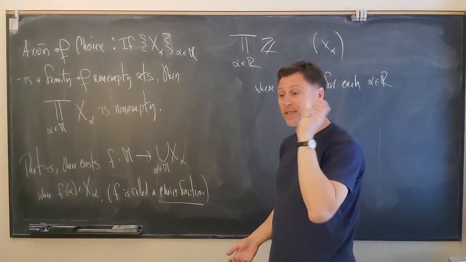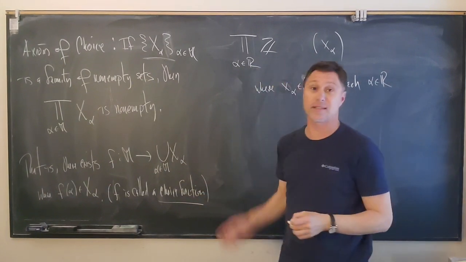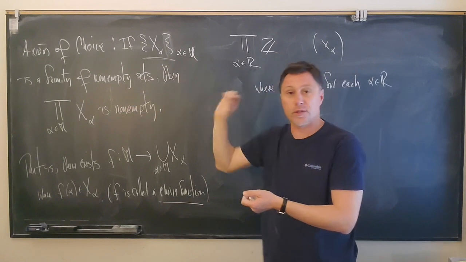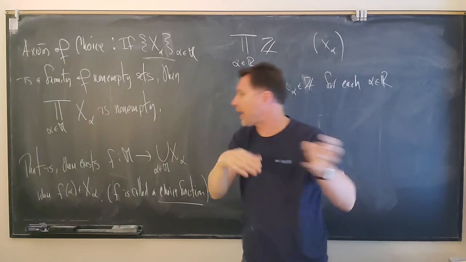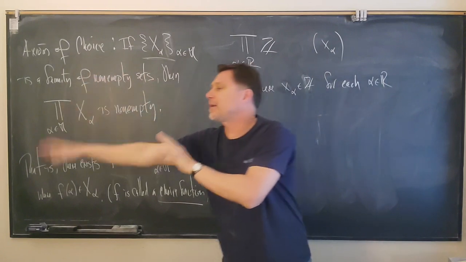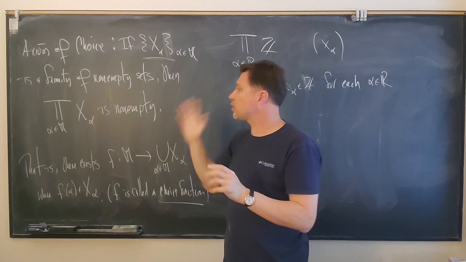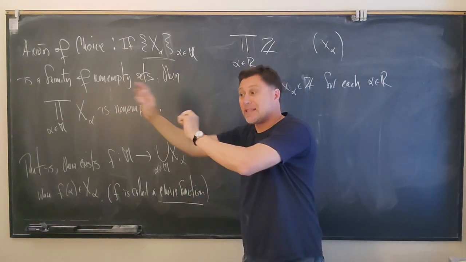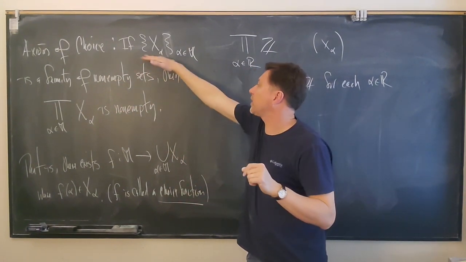The axiom of choice asserts that no matter what family of sets you have, as long as each one of those sets is non-empty, you can reach in and choose one element from each of those. So there's an x of alpha. Take an element, put it in your pile. There's an x of beta. Take an element out of x of beta, put it in the pile. There's an x of gamma. Take an element, put it in the pile. The axiom of choice says, no matter which family of non-empty sets you have, there exists a set that has exactly one element from each of the x of alphas.